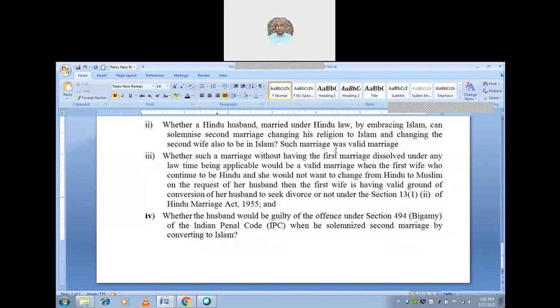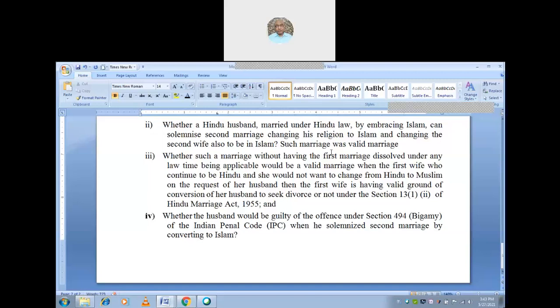Next, the third question, the third issue, is whether such a marriage, without having the first marriage dissolved under any law for the time being in force, would be a valid marriage when the first wife continued to be Hindu and would not want to change from Hindu to the Muslim religion on the request of her husband.